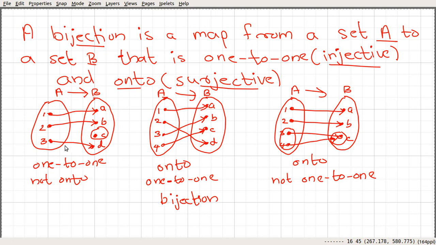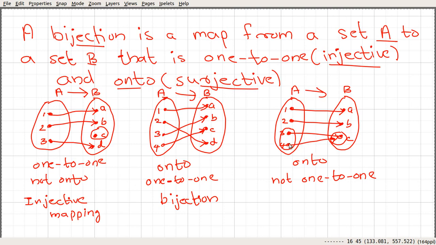So if a map is one to one and not onto, then such a map is called an injective mapping or injective function. So this mapping is an injective mapping because it is one to one, not onto.